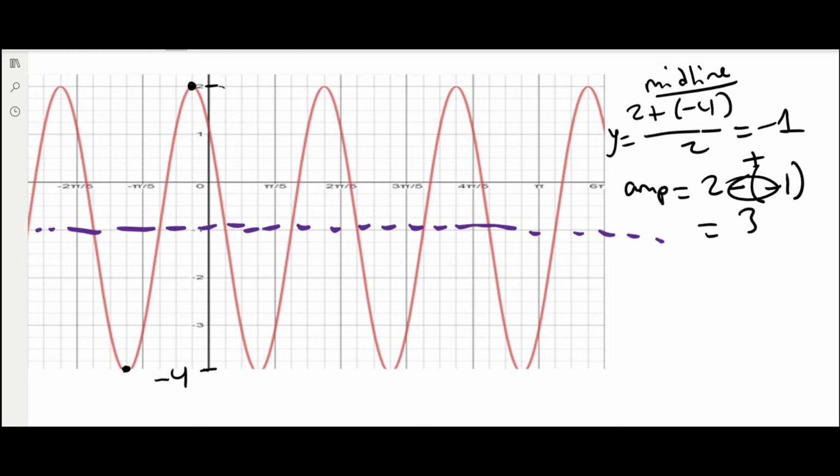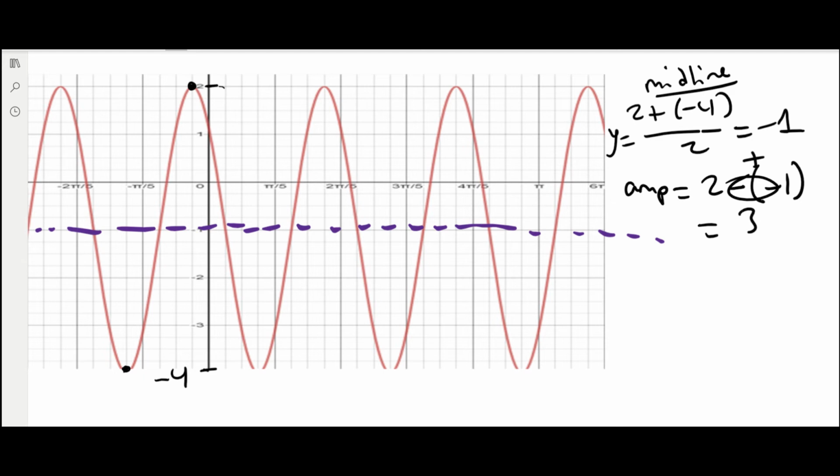To do the period, you're going to pick 2 points on the graph where you have an ending point and a beginning point. So let's go ahead and do it this way. Now this is going by pi/5s here.